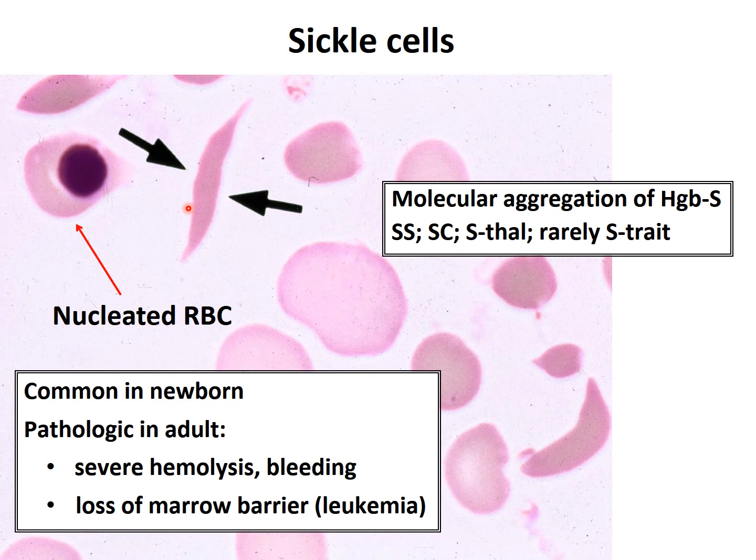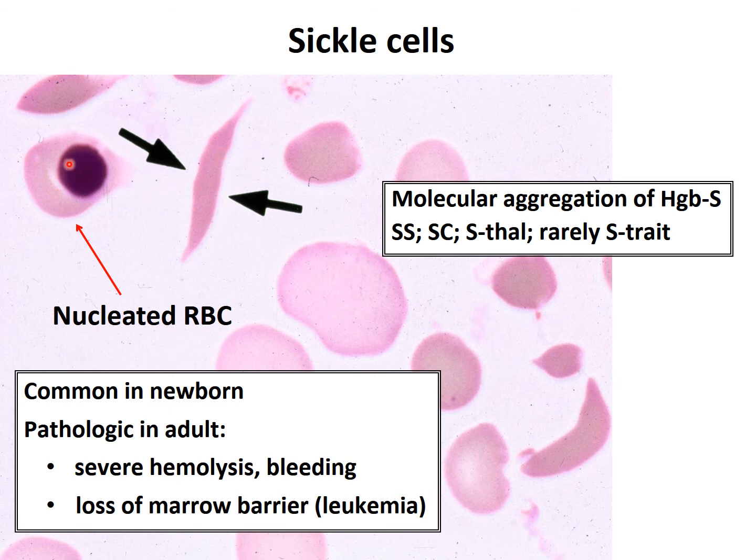However, it's not flexible, it's not going to return to the previous biconcave shape. So this sickle cell stays, and during the next passage, they plug the capillaries, and that can cause necrosis in certain organs. And this is very painful depending on which organs are affected.